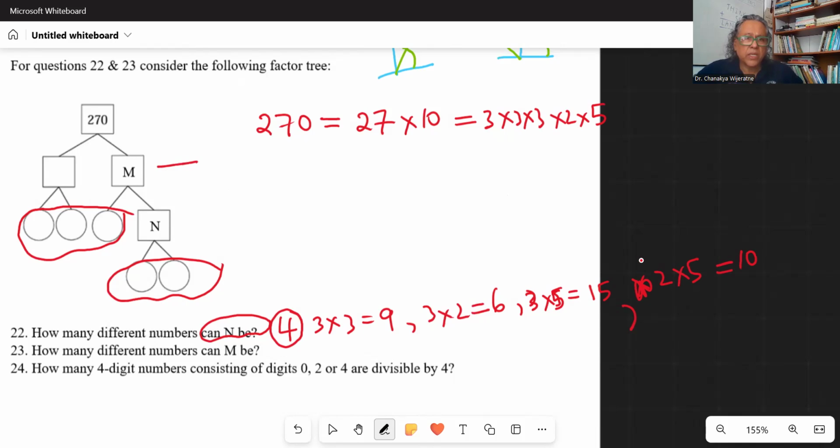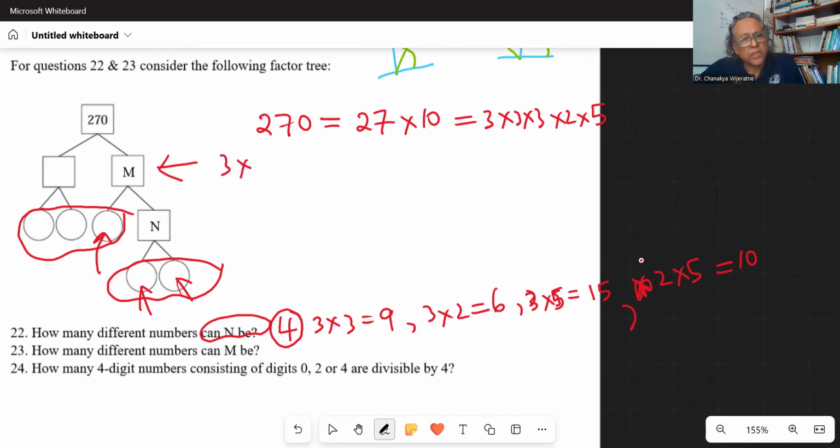So m is a product of whatever primes you get here, and n is a product of 2 of these primes. So actually m is the product of 3 primes. So you take 3 at a time and multiply and see how many different numbers you get.